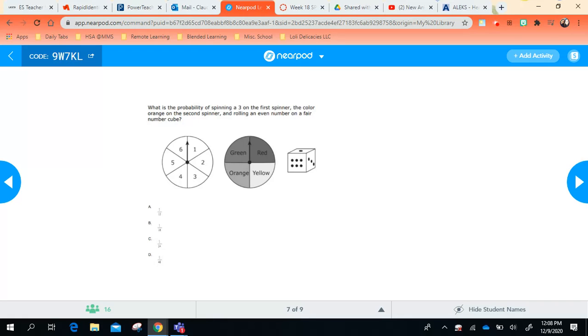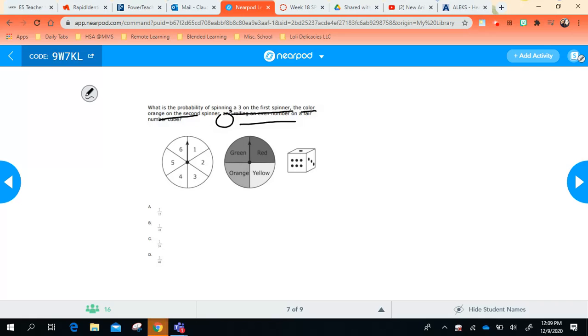Okay, let me go ahead and start reading it. It says, what is the probability of spinning a 3 on the first spinner, the color orange on the second spinner, and rolling an even number on a fair number cube? So, spinning a 3 on the first spinner, orange on the second, and an even number on our die.